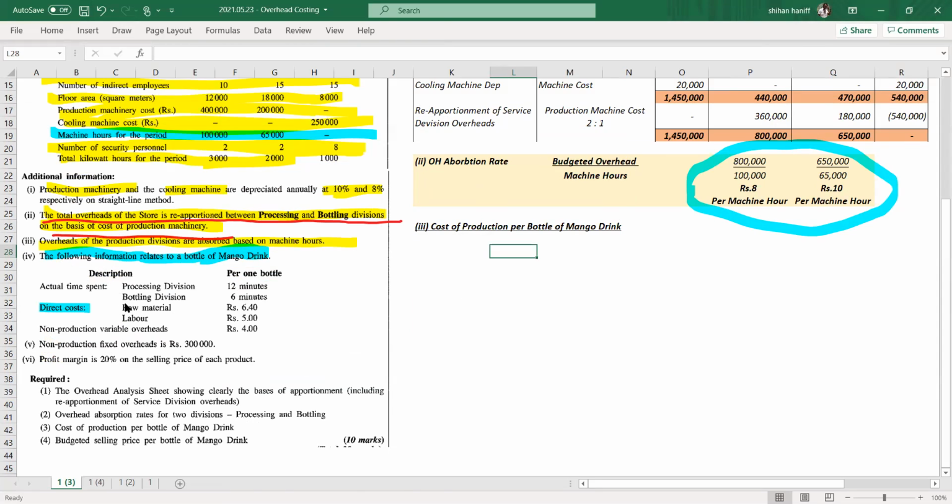Direct cost is given: raw material 650, labor 5, non-production variable overheads 4. So we will take that: direct material 640.